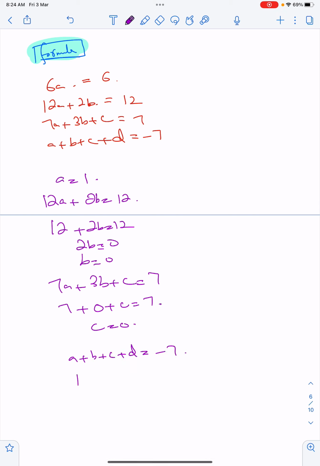So a we know is 1, this is 0, this is 0, plus d equals minus 7. So d is minus 7 minus 1, which is minus 8.